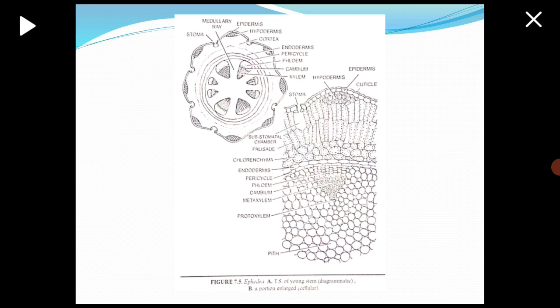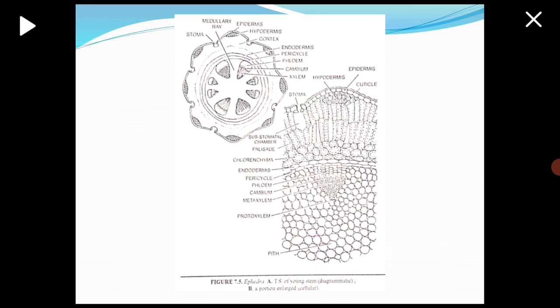The cambium present between the xylem and phloem is persistent. The xylem consists of tracheids and xylem parenchyma. The phloem consists of sieve tubes, phloem parenchyma, and albuminous cells.